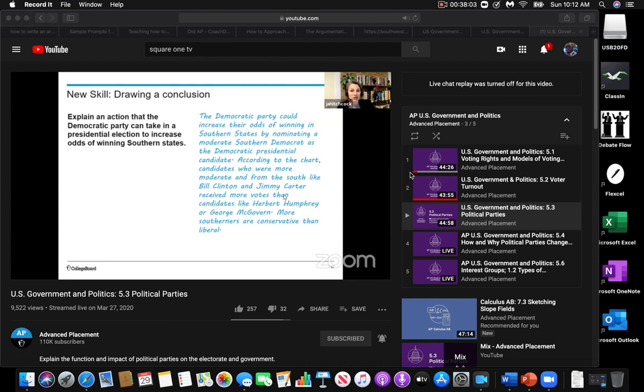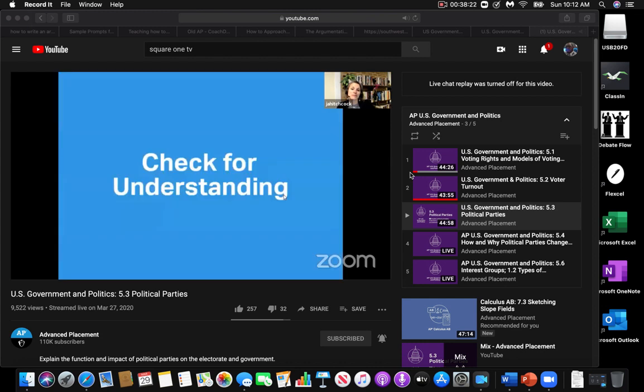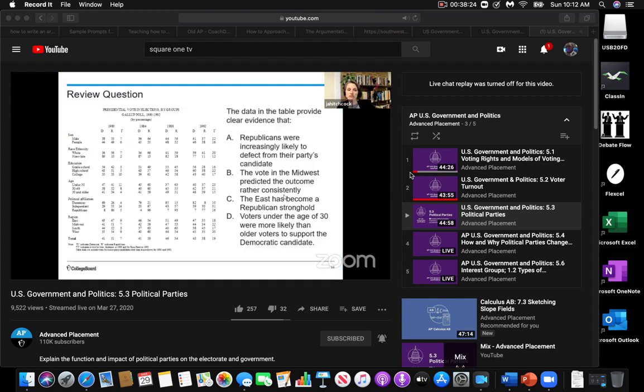And George McGovern was very, very liberal. Our assumption here is that more Southerners tend to be conservative than liberal, and so if the Democrats are running a more moderate candidate, they may fare better. Boom, boom, boom.